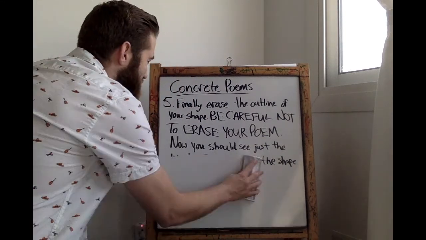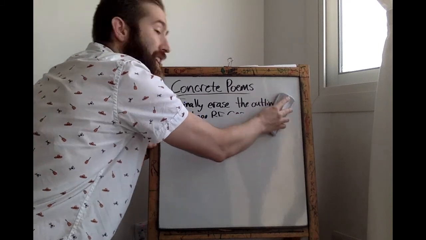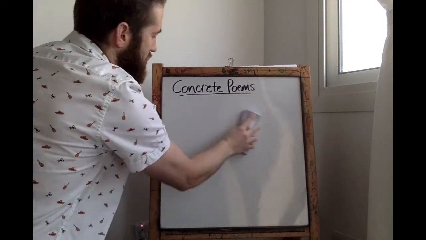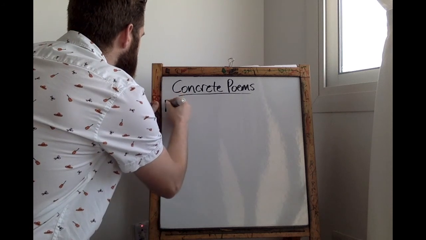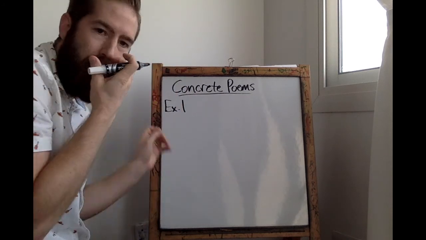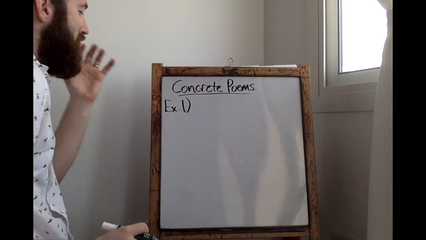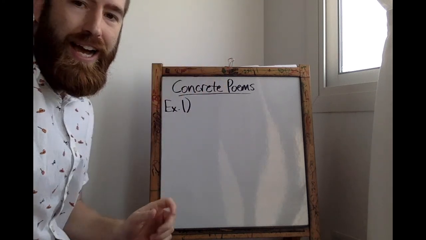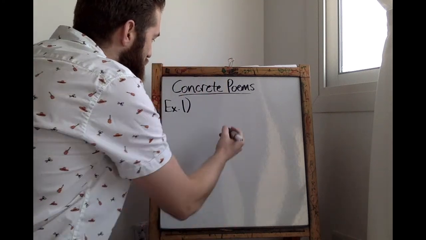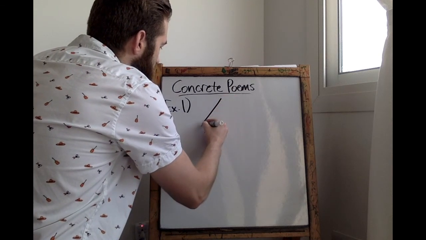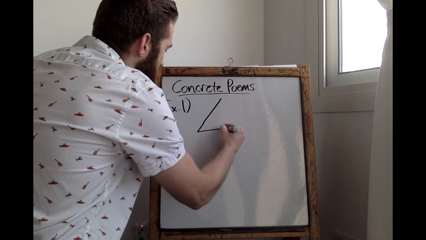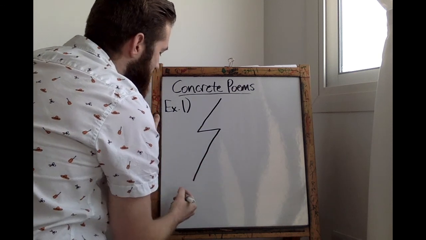Cue speed up. Okay, example one. Here we go. So, I said I would do lightning. I'm going to draw a lightning bolt right here like this. I'm going to draw it big enough so that you all can see it.